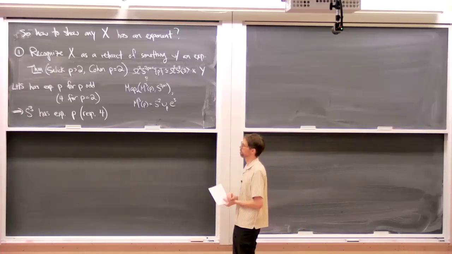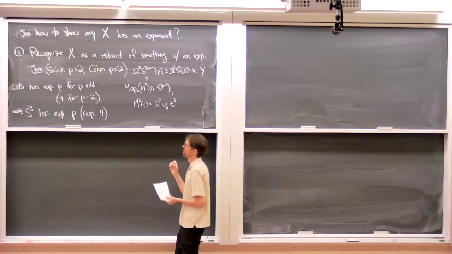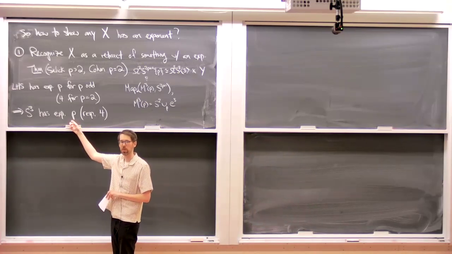So this is like the first example of a space for which we know the best possible homotopy exponent.